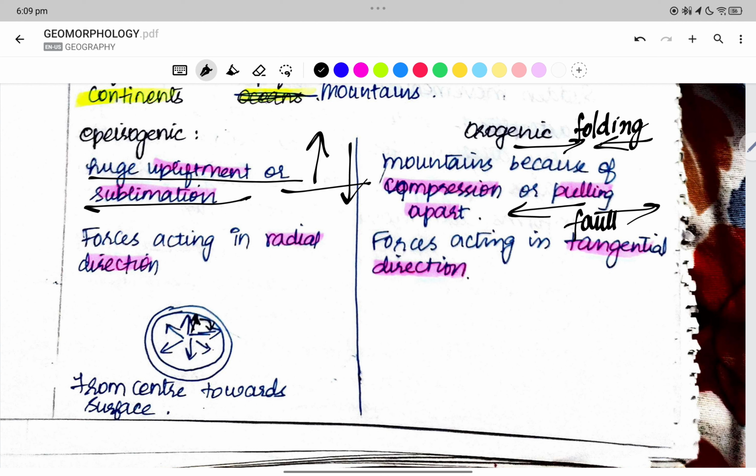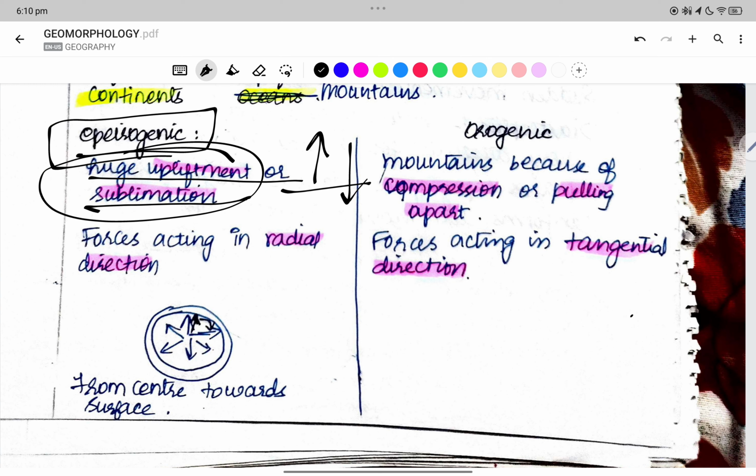Folding is what we say is due to compressional forces, right? And faulting is called a pulling apart. Now epeirogenic forces cause a huge upliftment or a subsidence.